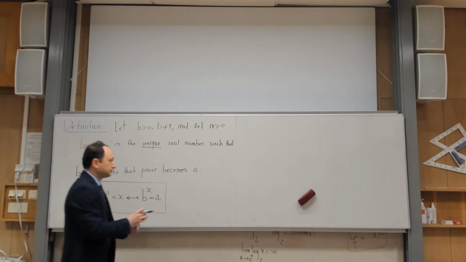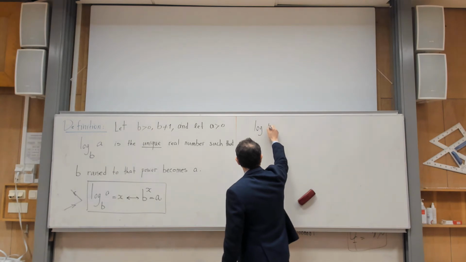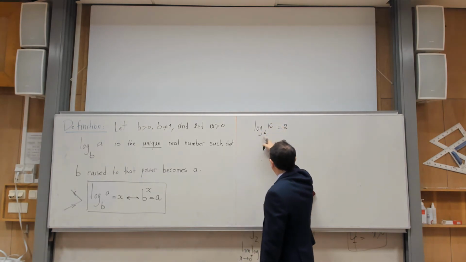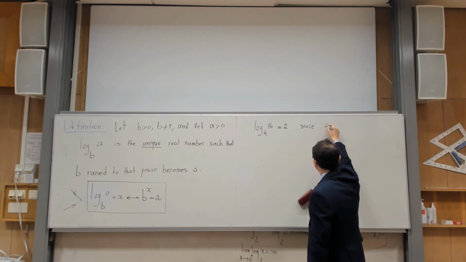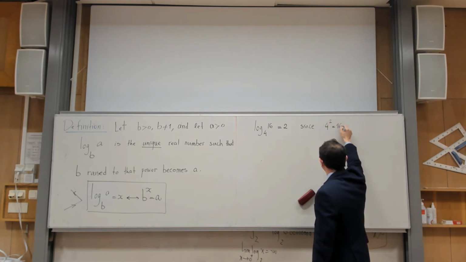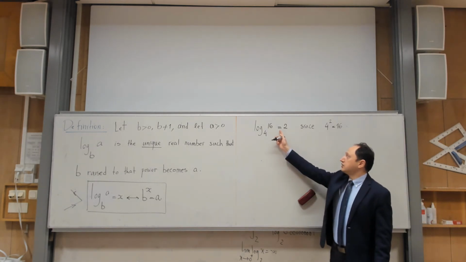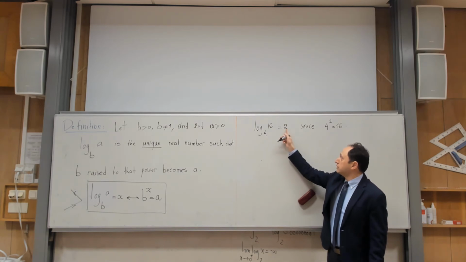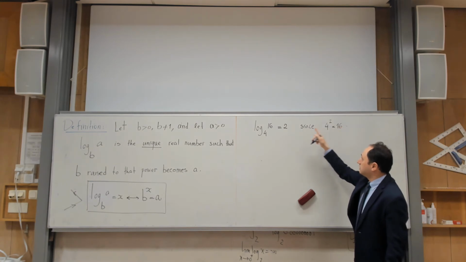For example, logarithm of 16 in base 4 is equal to 2. If someone asks you why, you should say since 4 to power 2 is 16. Yes? So if you want to see if this equality is true or false, you need to check this number to this power. Is it equal to this number? If the answer is yes, then this is true.